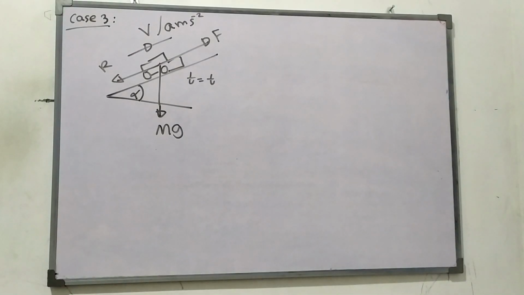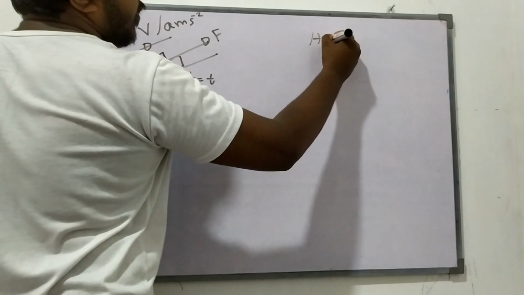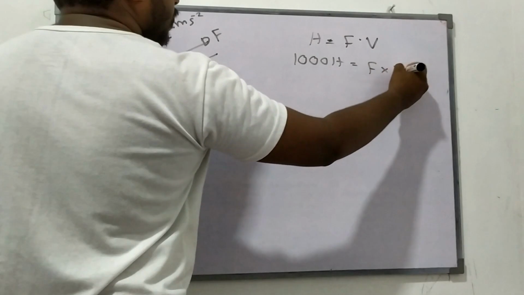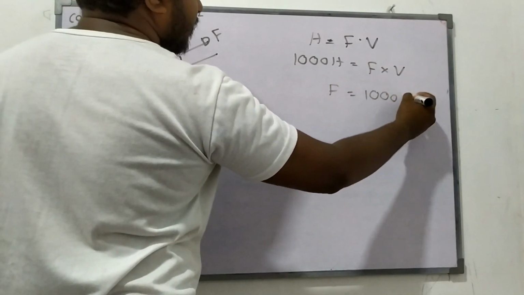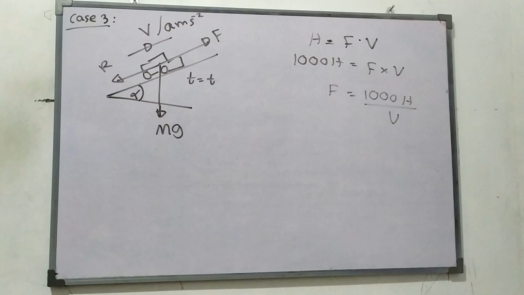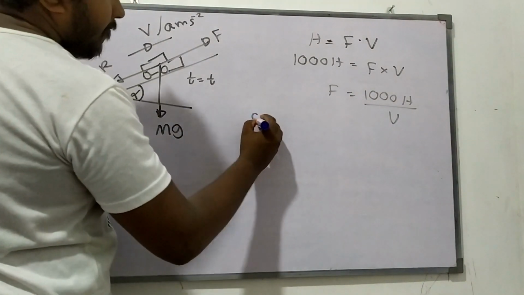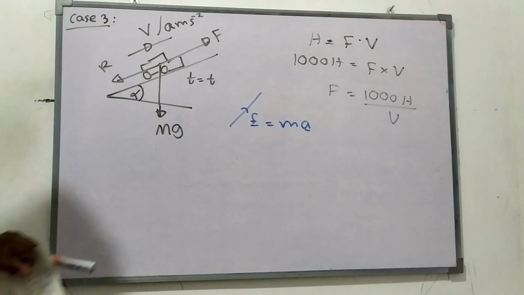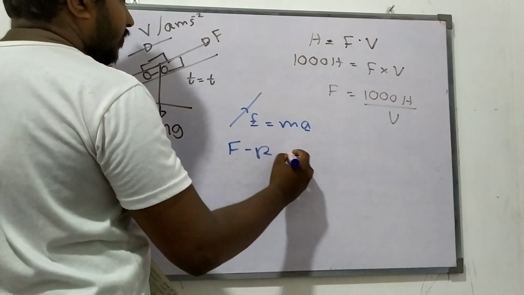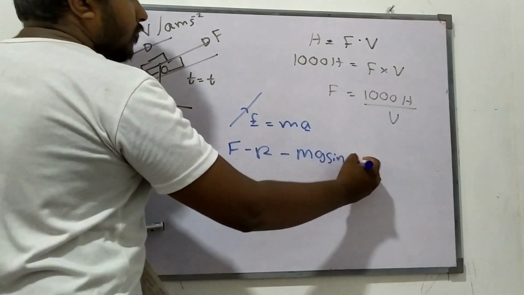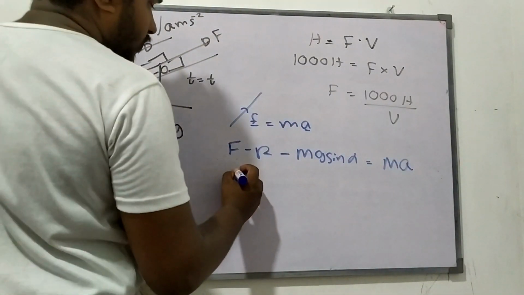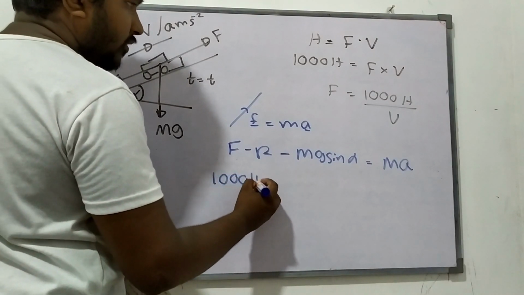Again H equals Fv, F is 1000 H over v, and I'm going to apply F equals ma up the slope: F minus R minus mg sin alpha equals ma.